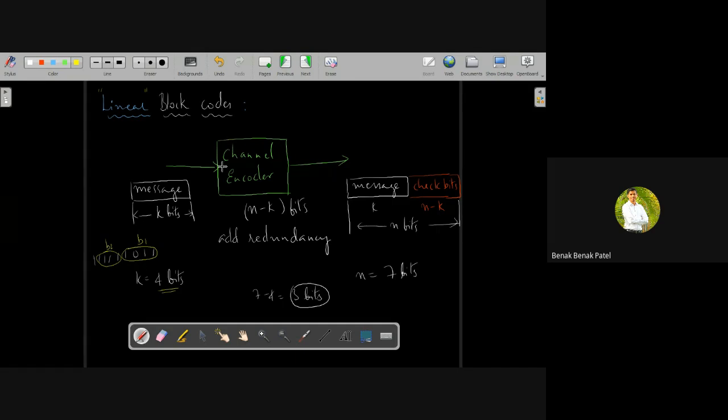So in this system, it intakes k bits and produces n-bit output. Thereby, linear block codes are usually represented as (n, k) linear block code.